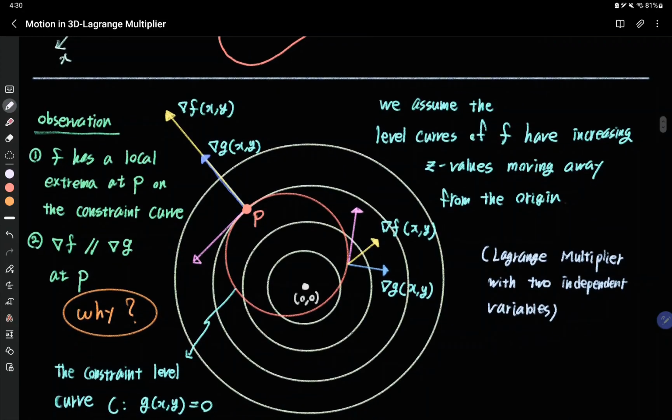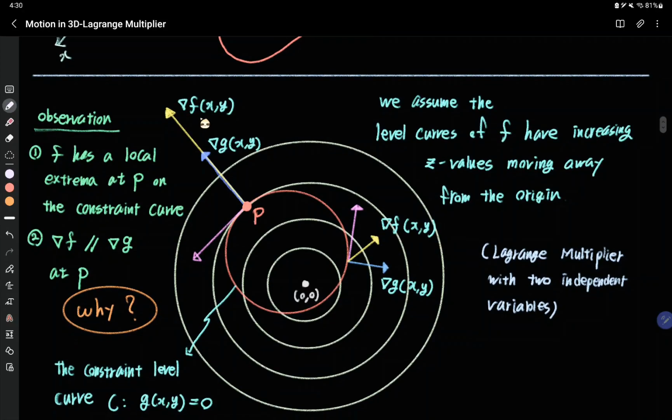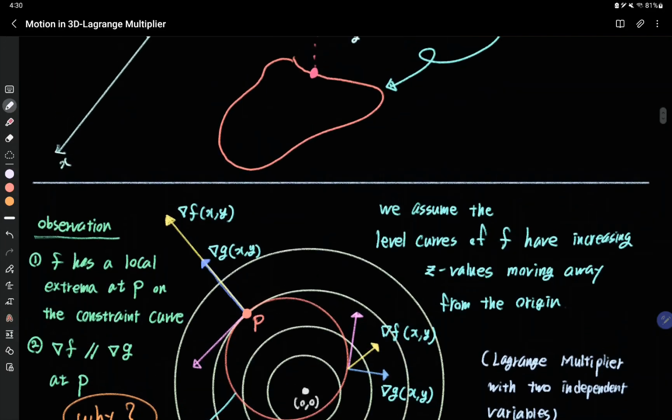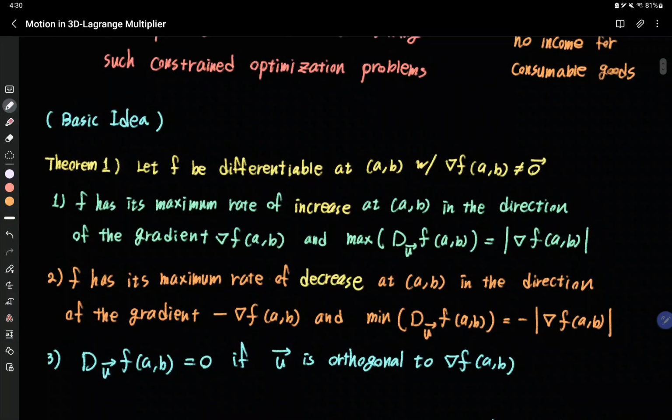Because if the direction vector in the directional derivative is the same as the direction of gradient f, then the directional derivative has a maximum value. That's what theorem 1 says right here. So f has its maximum rate of increase in the direction of gradient f.